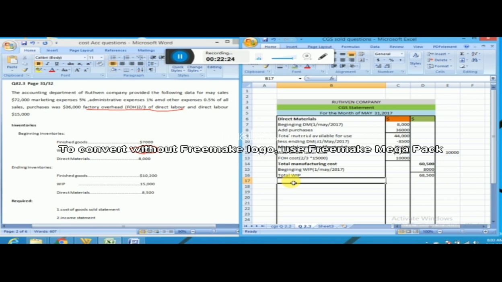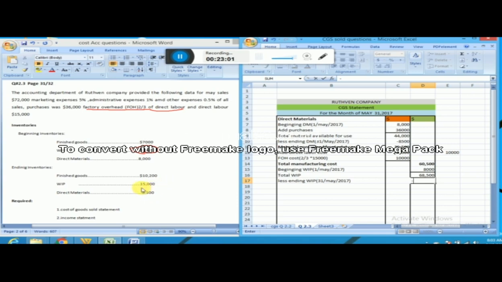So now we will subtract the ending work in process. Ending work in process means the work in process on 31st of May. So less ending WIP, on 31st of May 2017. How much? That is given in the question. Ending work in process 15,000.